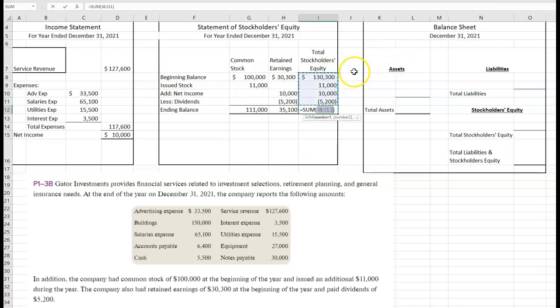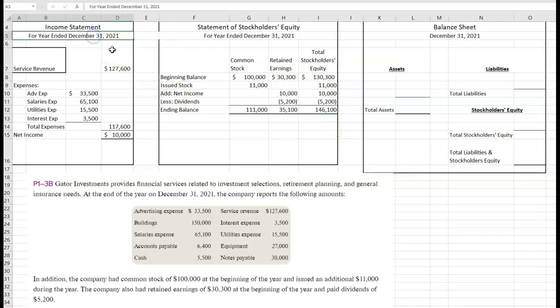So I'm going to sum this column, and I'm going to come up with 146,100. So that's the total here, 146,100. I can cross-check it by looking at the total across. If I add those two together, I should come up with 146,100. This is what we call cross-footing in accounting. And that way we know we're correct. It adds up both ways.